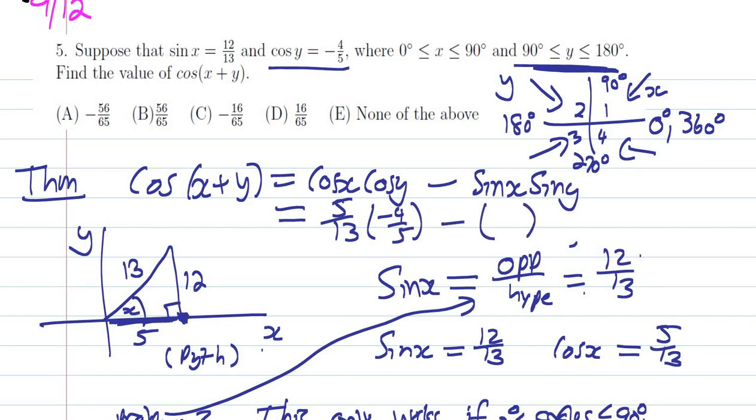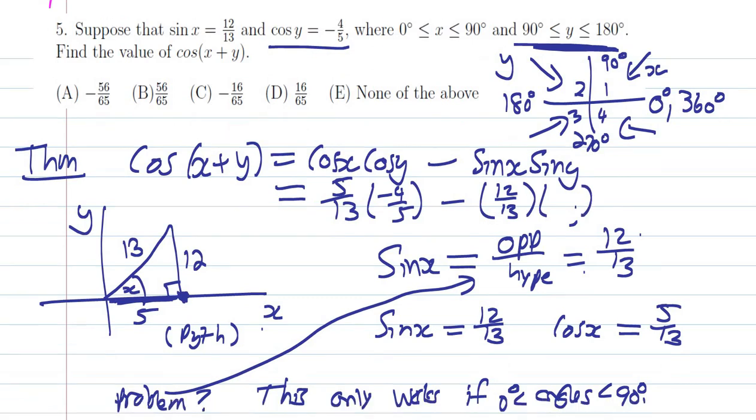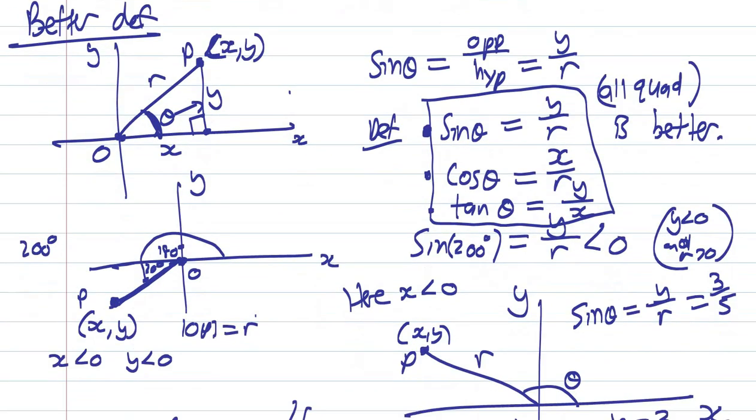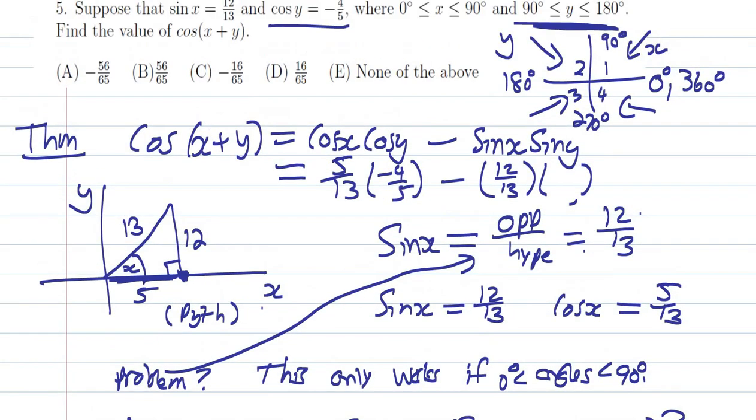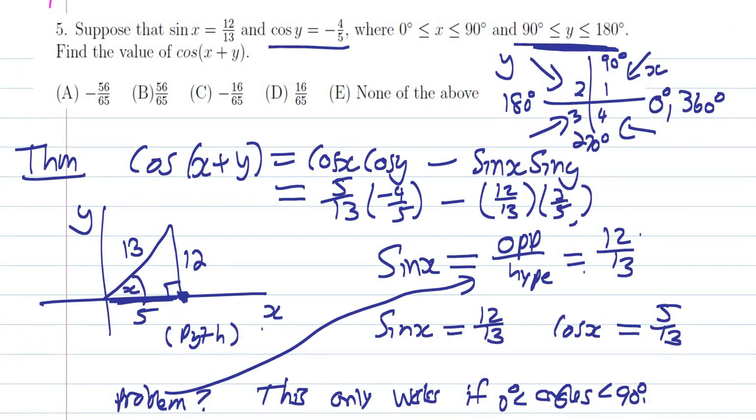Sine x is 12 over 13, and sine y, from this diagram over here, is 3 over 5. So you get minus 20 minus 36, which is minus 56 over 65. So the answer to this question is A.